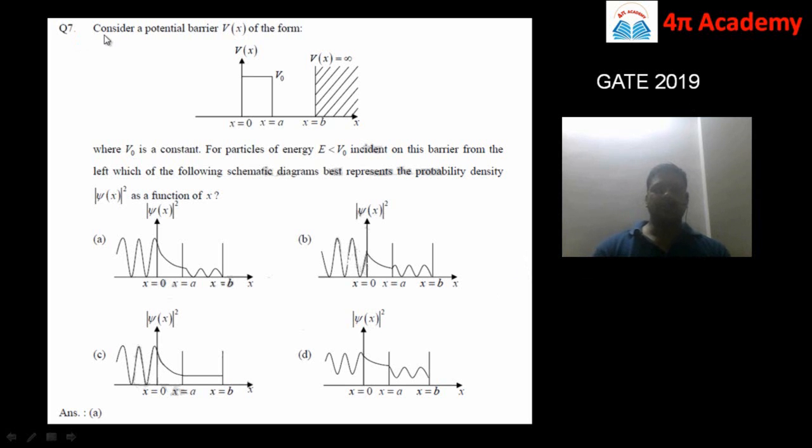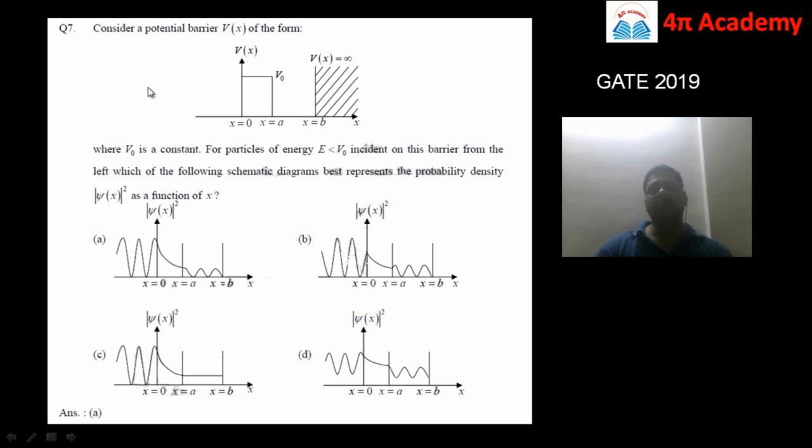So here you are given the potential barrier V of x of the form like this, defined for the region from 0 to A, and here the potential is V0, and again there is a potential at x is equal to B. At this boundary, that is at x is equal to B, the potential is infinite.